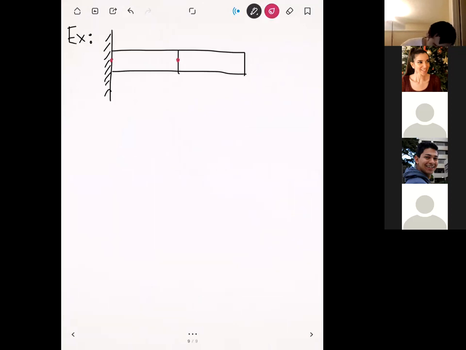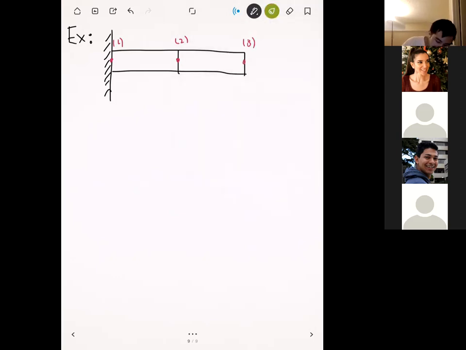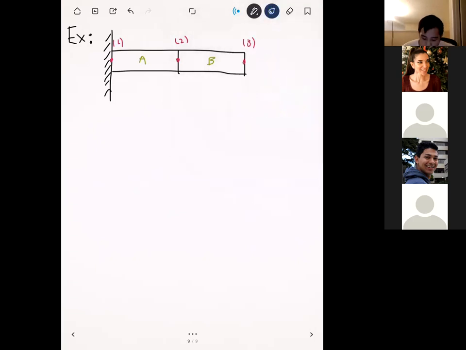Let me label all the nodes here. Okay, so this is going to be node number 1, node number 2, node number 3. Okay, we'll call this element A and element B. But instead of a pin support on the right side, what I'm going to add instead is a spring.